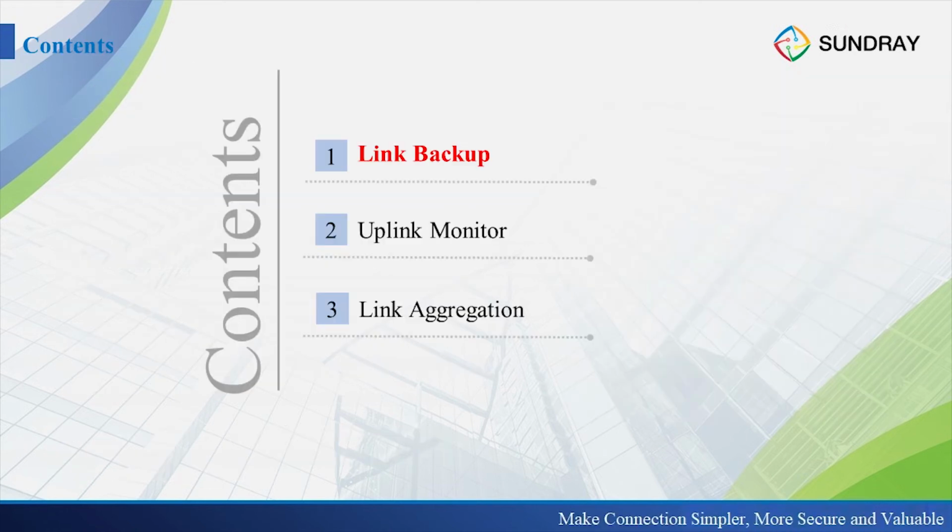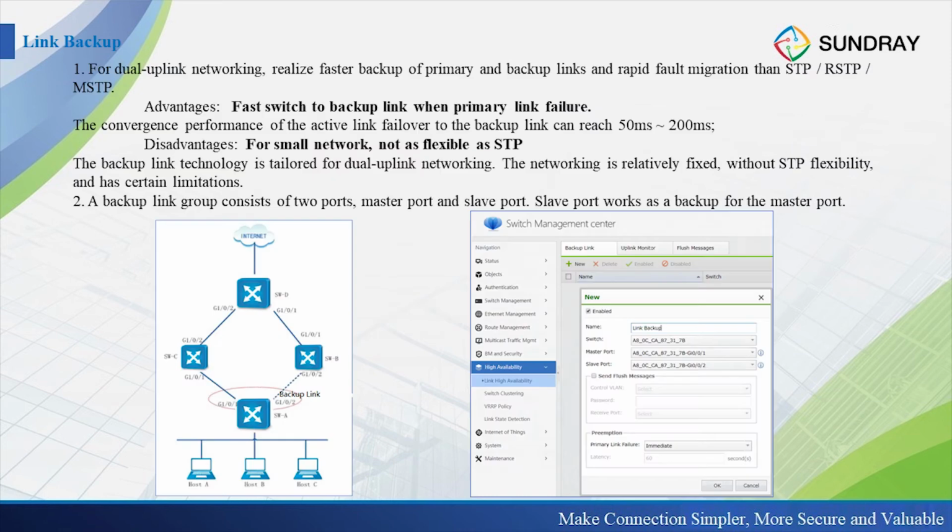For the dual uplink networking, it realizes faster backup of the primary and backup link and faster fault mitigation than STP, RSTP, and MSTP. So the advantage of link backup is that it's very fast to recover from a failure.